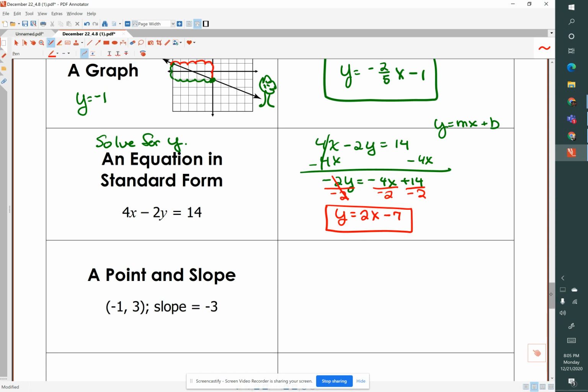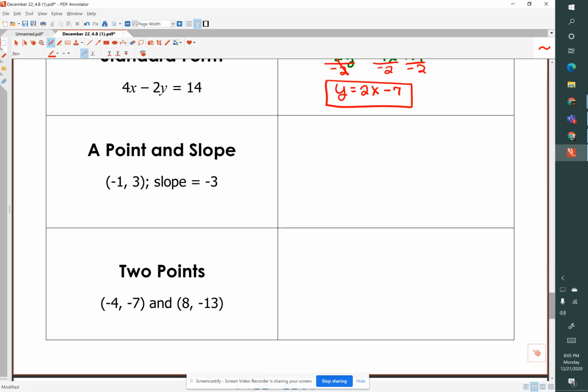Now, when we're given a point and a slope, we want to use the point slope formula. Y minus y1 equals m times the quantity of x minus x1. So we've got the slope of -3, and we've got a point here.